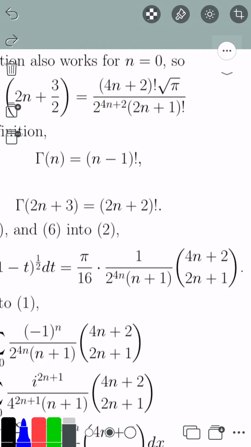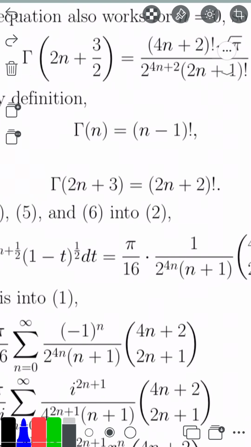And then 2n plus 2 factorial is 2n plus 2 times 2n plus 1 factorial, and we already used the 2n plus 1 factorial for this part, and for the 2n plus 2, that is 2 times n plus 1, so that's why we've got the n plus 1 here, and we have 2 to the power of 2 here, so that's 4, and then 4 times 2 is 8, and 8 times the gamma of 3 halves is square root of pi over 2, so 8 times 2, that's why we've got the 16 here.